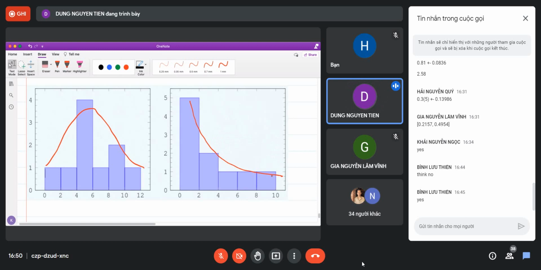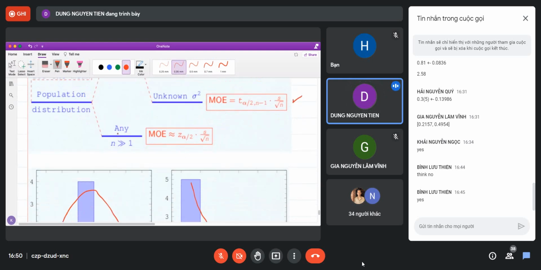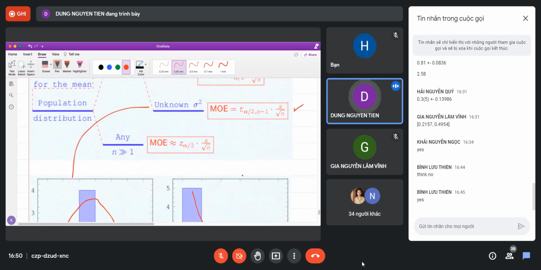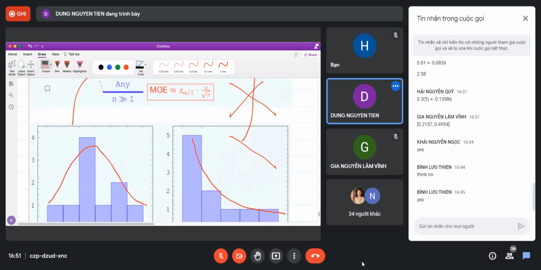It is heavily skewed, not symmetric. Therefore, we cannot use the second approach. Okay, for the first one, we can use this one. For the second, you cannot. Is that clear?